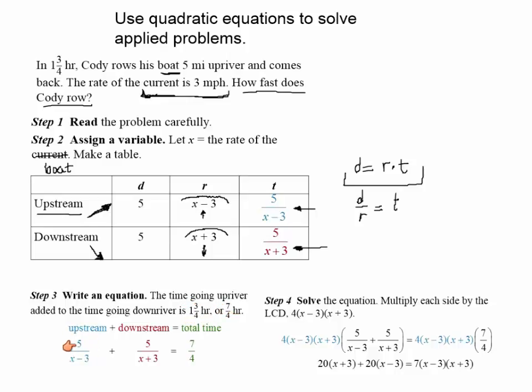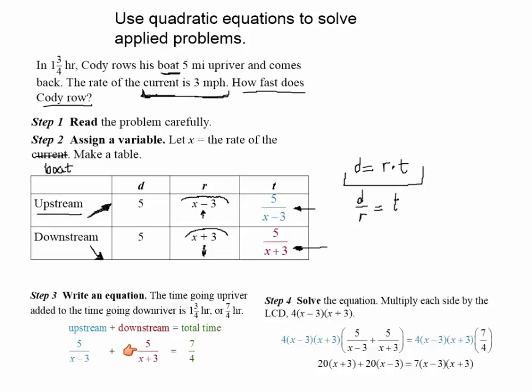So here is my equation. The time going upstream we figure is 5 over x minus 3, and the time going downstream would be 5 over x plus 3. These two should add to 7/4. That's given to us. So this is the equation that we need to solve for.